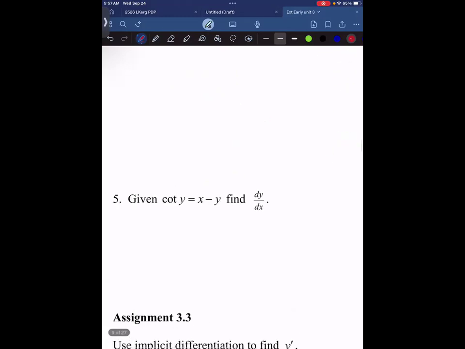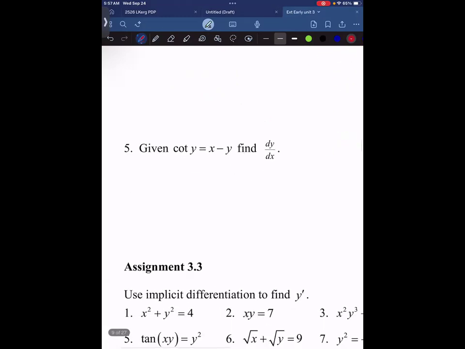Last one. Now we have a trig function. If we start on the left, we differentiate both sides.